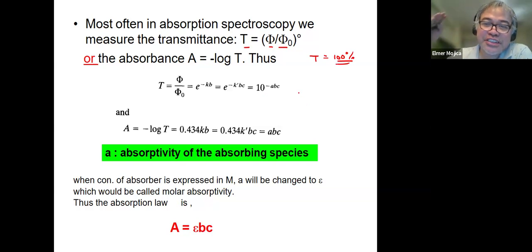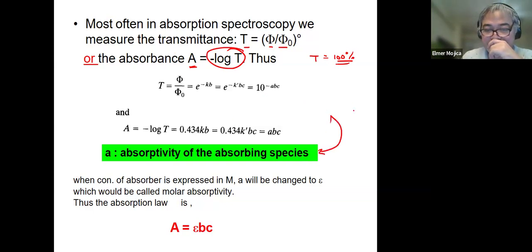If there is 100% transmission, nothing is absorbed. In terms of absorbance, that's just negative log T. And this becomes a constant for a particular species, the molar absorptivity. We end up with the absorption law like this one.